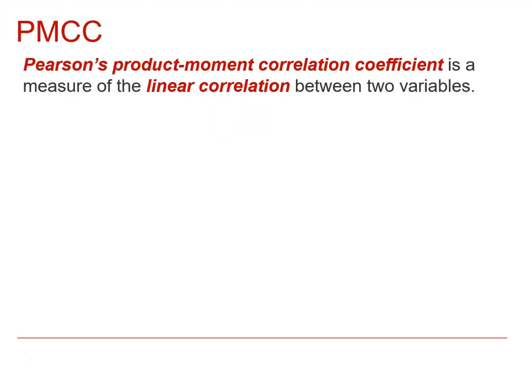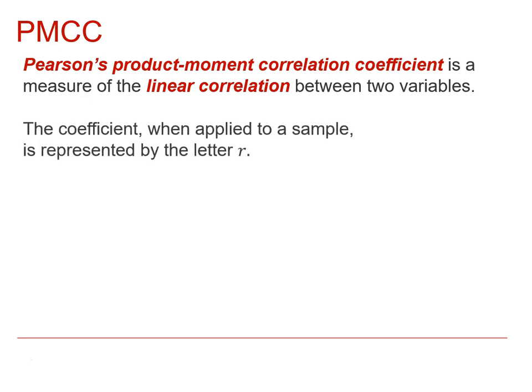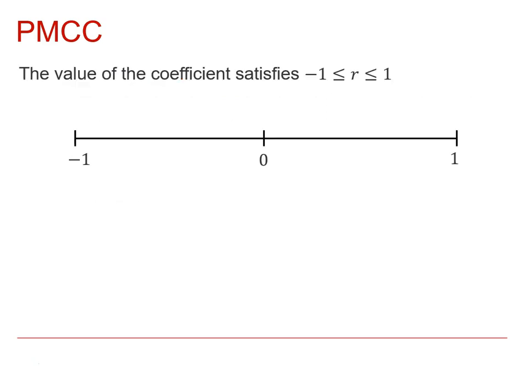So, Pearson's Product Moment Correlation Coefficient is a measure of the linear correlation between two variables. When applied to a sample, it is represented by the letter R, and when applied to a population, it is the Greek letter rho.